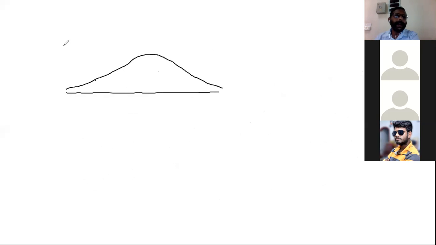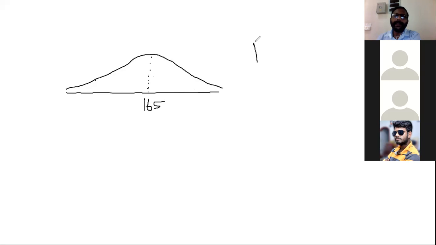Let's say I'm plotting the height distribution of the students in the university, taken from Jaffna University, right? So the average height is 165. The average value is 165. This is in centimeters, right? So this is how the distribution looks like.